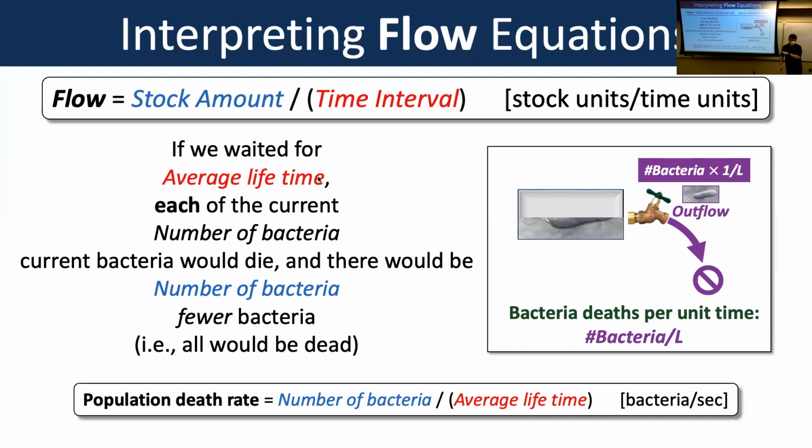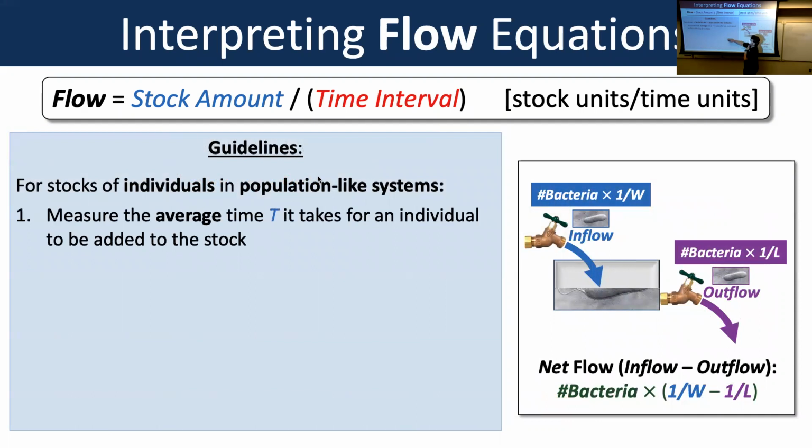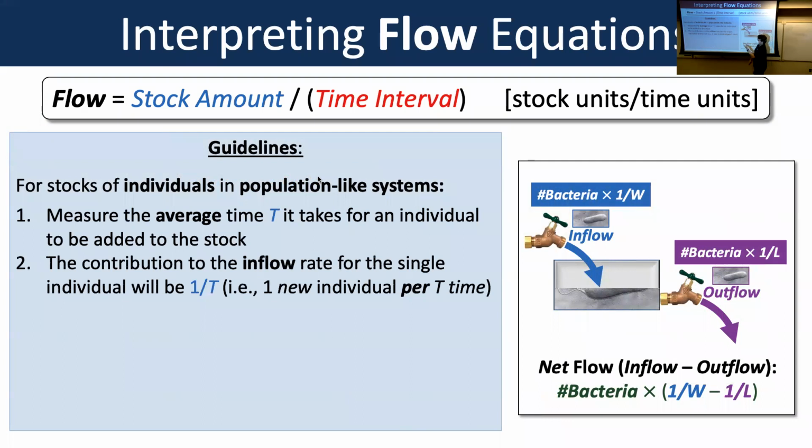Okay, so that's for the bacterial inflows and outflows. The general guidelines for population systems are, for stocks of individuals, measure the average time for the individual to be added to the stock. The inflow rate for each individual is 1 divided by that average.